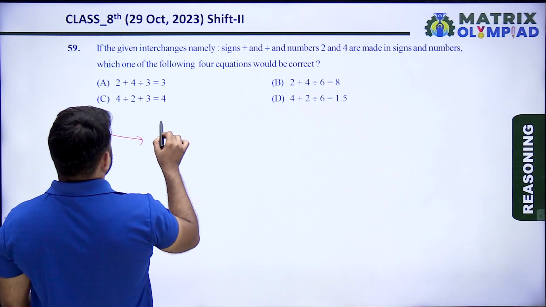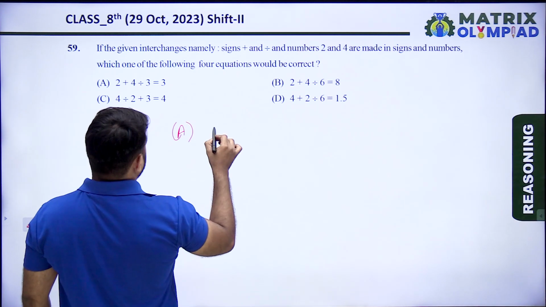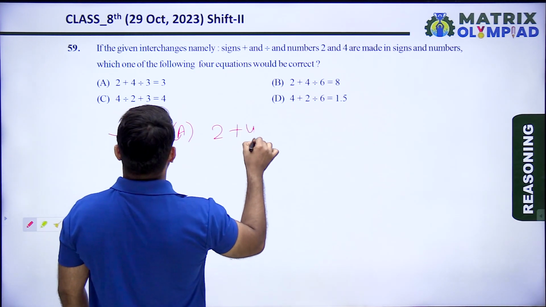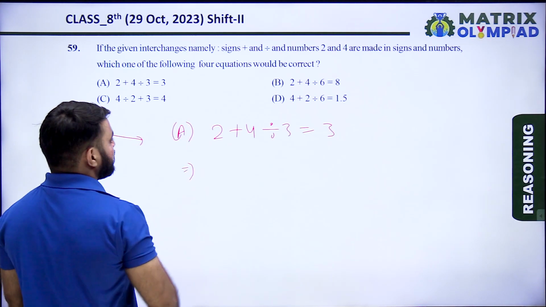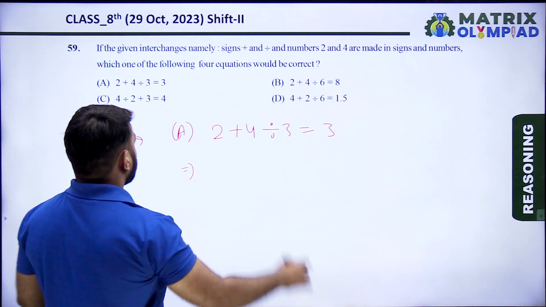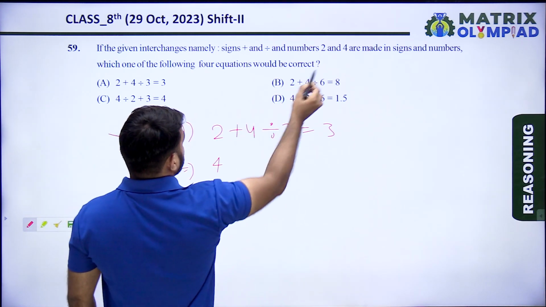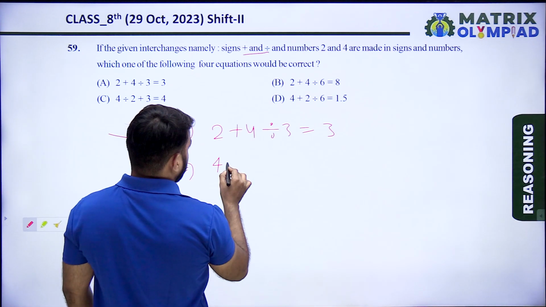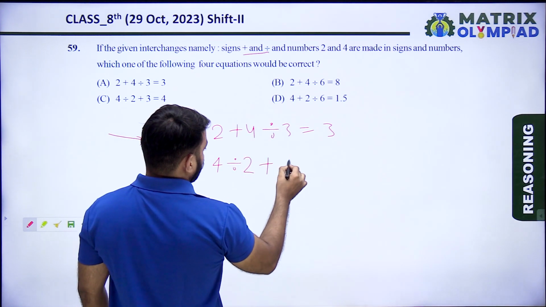So first taking option A. Option A is 2 plus 4 divided by 3 is equal to 3. So interchange the numbers and signs. So 2 means 4, plus means divide, 4 means 2, divide means plus, 3 is equal to 3.